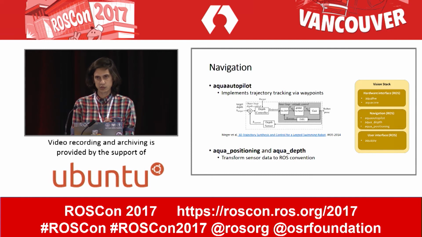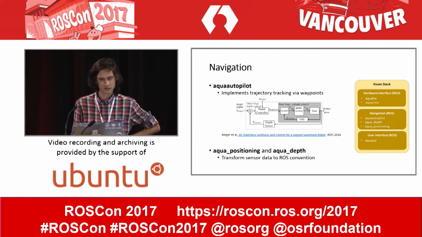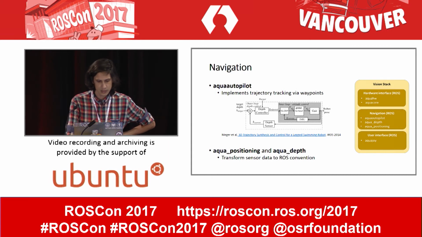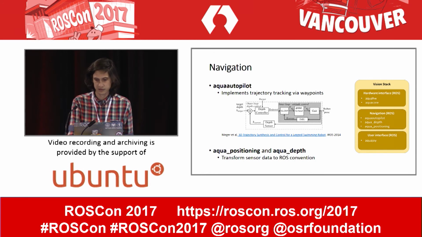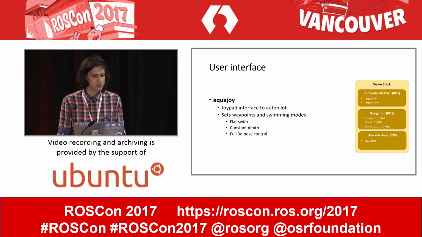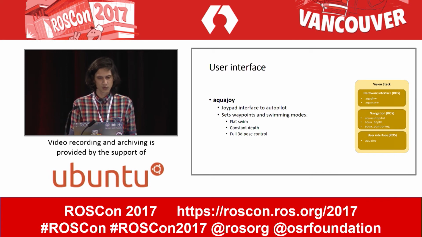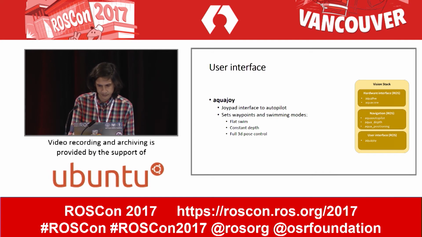So we control the robot's pose by setting waypoints in its 6DOF world. And we use some extra packages to transform the sensor streams into the ROS and TF conventions. For the user interface, we modified the Joy package to interact directly with our autopilot, with this idea of setting waypoints to change the robot's pose.